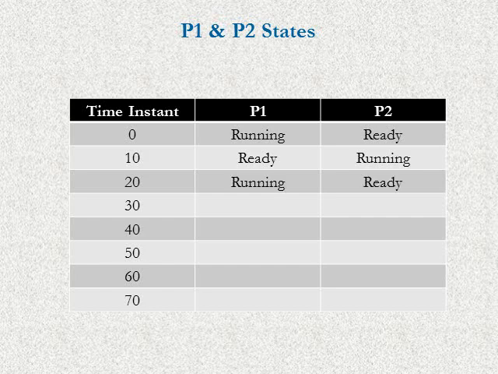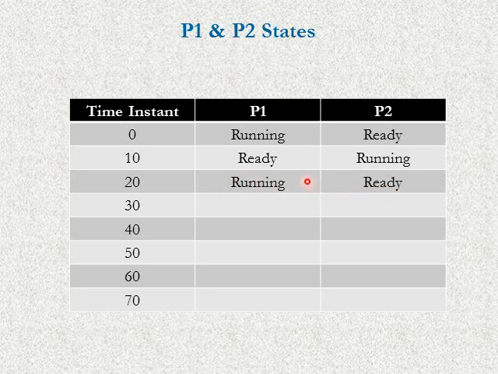From time interval 20 to 30, we again have P1 in the running state and P2 in the ready state. So from 0 to 9 we have P1 running and P2 ready, from 10 to 19 we have P1 ready and P2 running, and from 20 to 29 we have again P1 running and P2 ready.